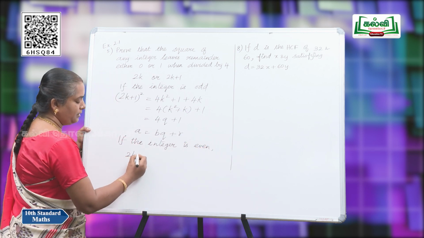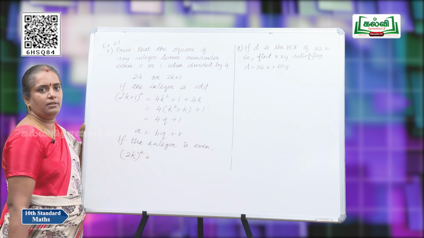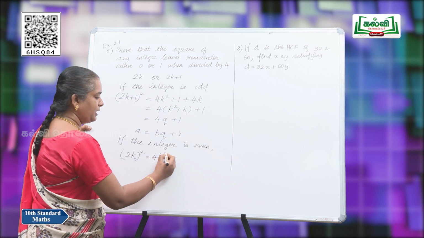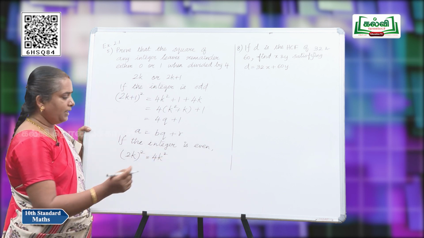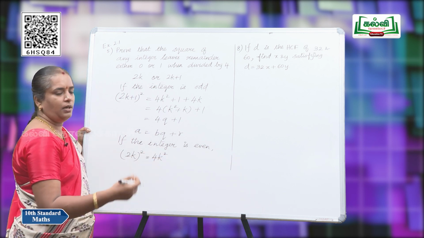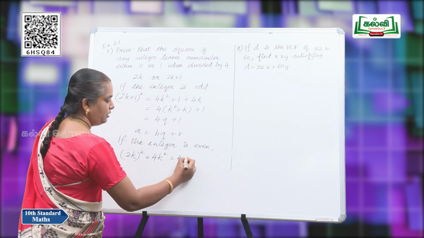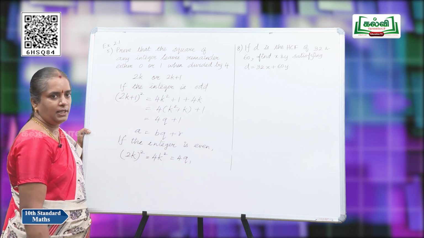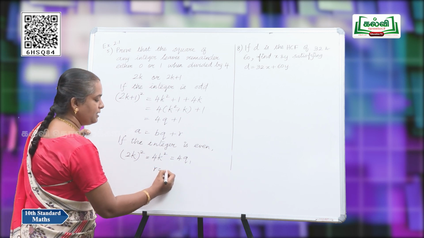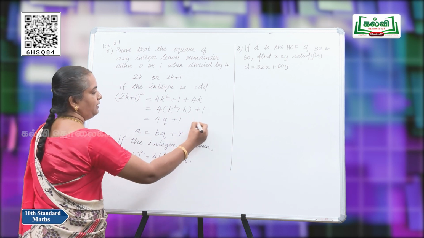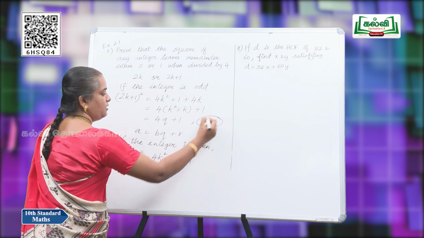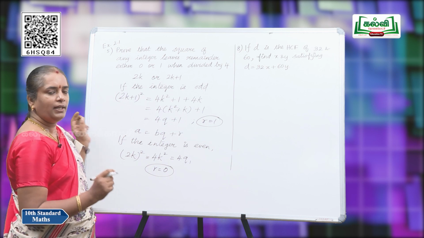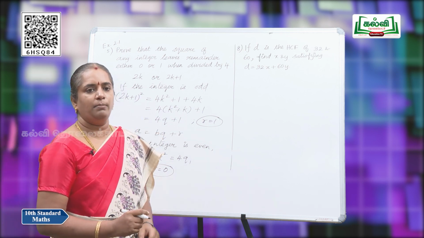So, the square of the integer becomes 2k the whole square, which is 4k square. If you take k square as q or some q1, 4q1, there is no remainder, that is the remainder is 0. So, here the remainder is 0 and here the remainder is 1. So, these are the only possible remainders if you divide the square of an integer by 4.